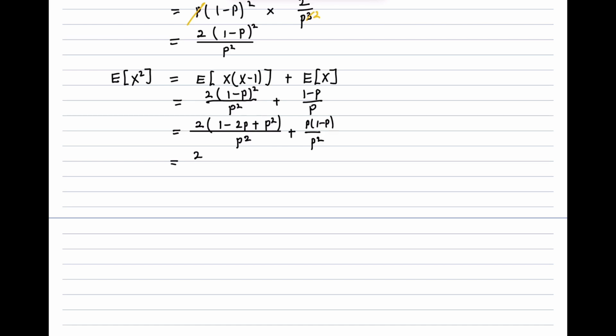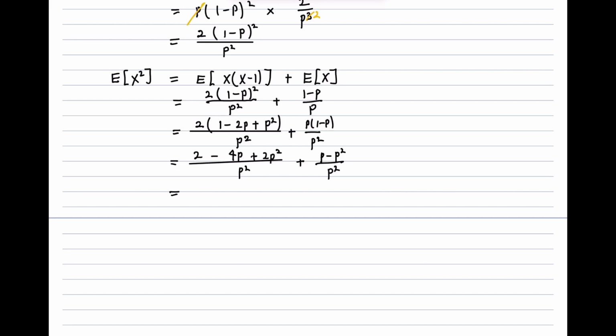The 2 times the 1 gives you 2. The 2 times the negative 2p gives you minus 4p. The 2 times the p squared gives you plus 2p squared. We've still got that over p squared plus, and again expanding this term at the top, gives you p minus p squared all over p squared.